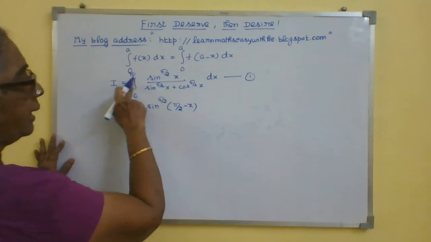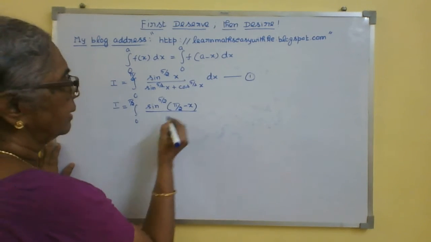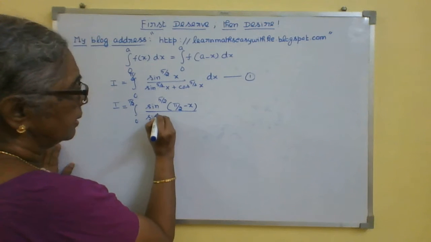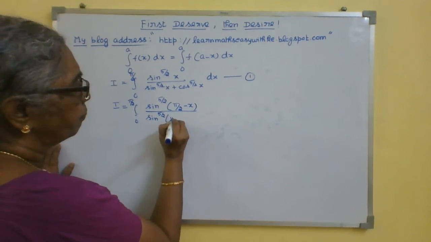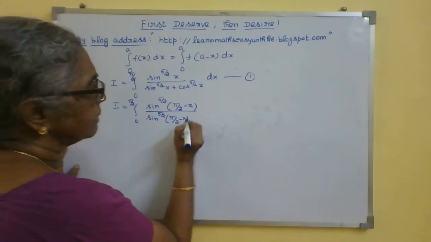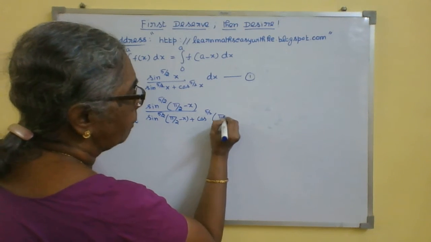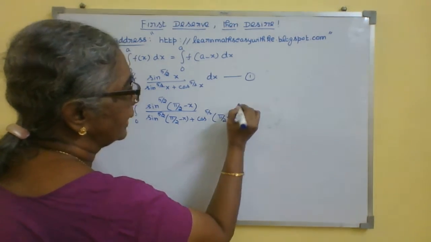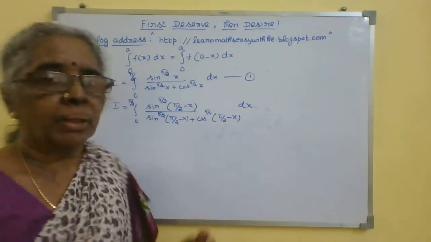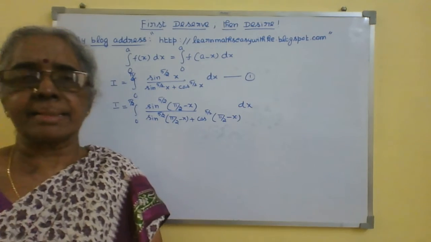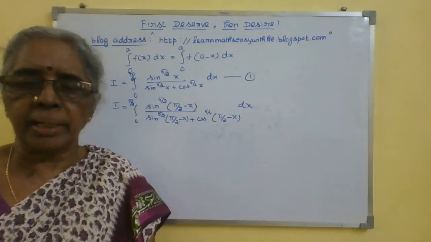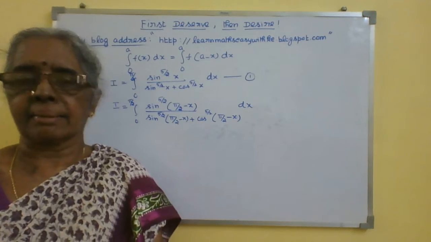A minus x, A is pi by 2. By the denominator again, sine 5 by 2 pi by 2 minus x plus cos power 5 by 2 pi by 2 minus x dx. Right? So wherever x is there, now I have substituted pi by 2 minus x.